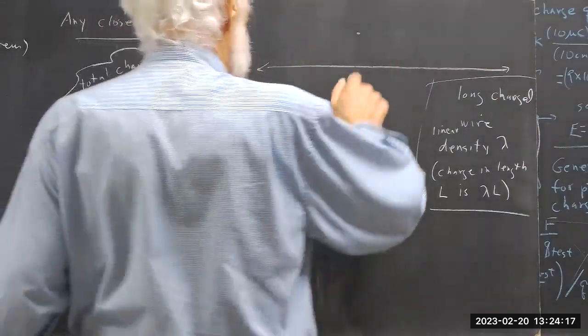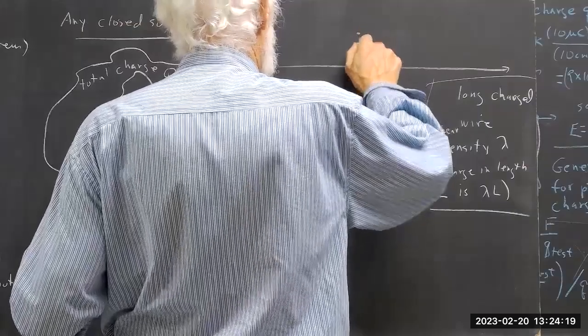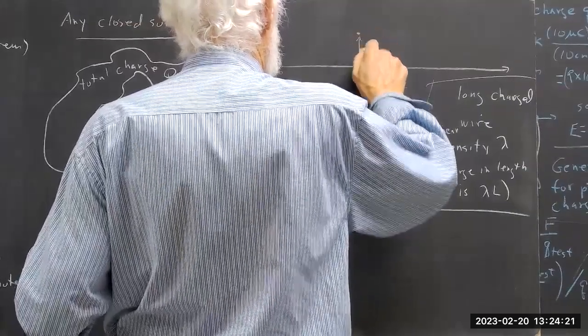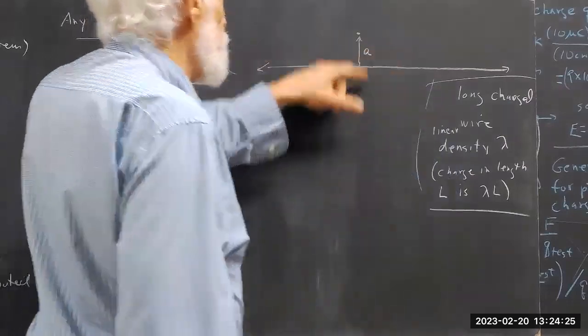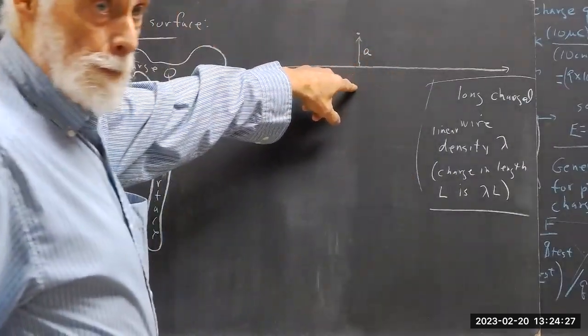And this point is a distance A from the wire.